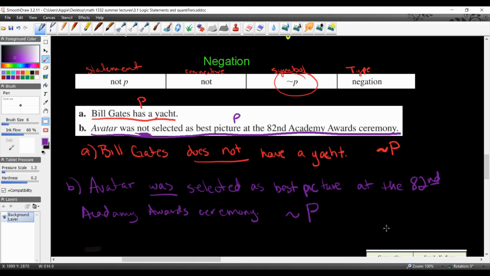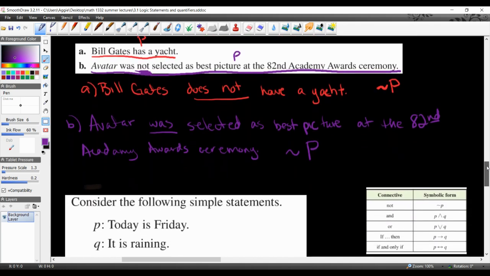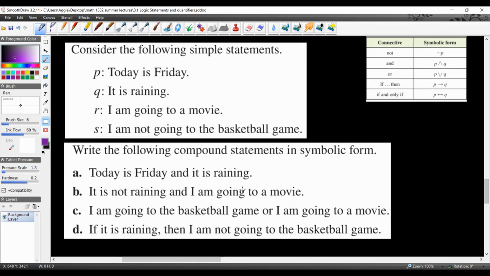Okay, so now we know how negation works. We know how the other ones kind of work. We're going to go ahead and use these little rules to write sentences and to write symbolic notation. We're going to do quite a few examples. These take some practice. So here we have some considerations. Let's consider the following statements.